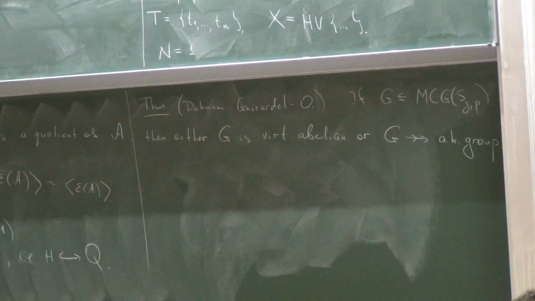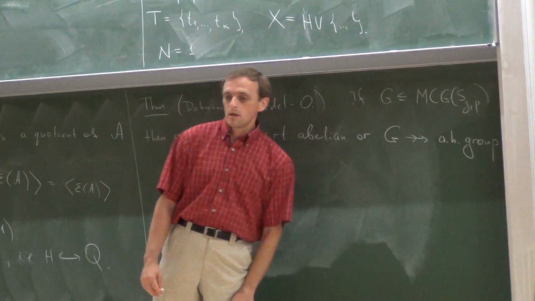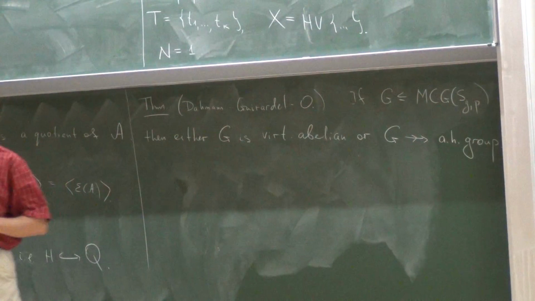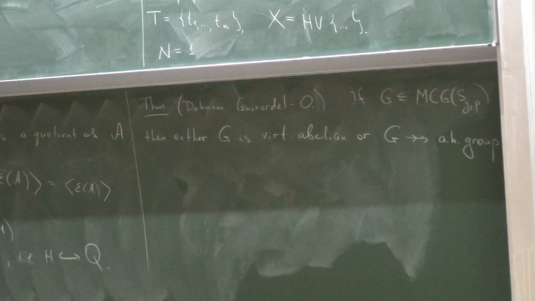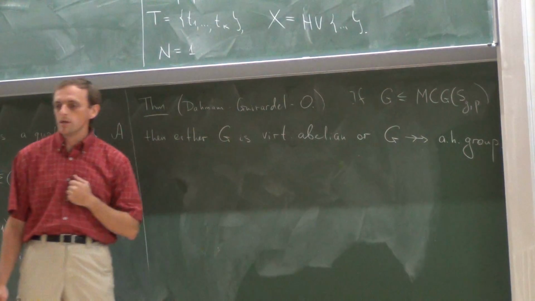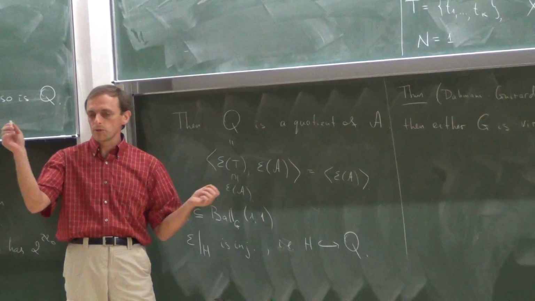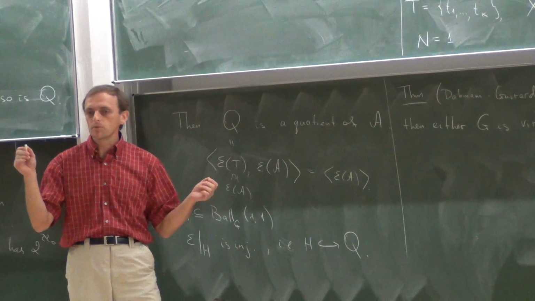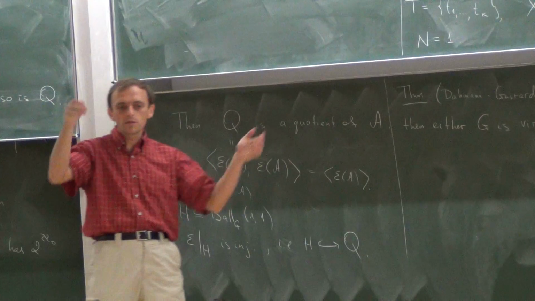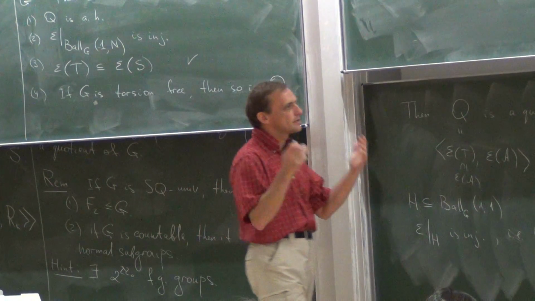So how do you prove that? You take a subgroup in a mapping class group. If it contains a pseudo-Anosov element, then either it is virtually cyclic, in which case it's virtually abelian, or it's not virtually cyclic. If it's not virtually cyclic, then it is acylindrically hyperbolic, because this pseudo-Anosov element is a WPD element with respect to the action on the curve complex, or, well, you don't even need WPD, the action is acylindrical.